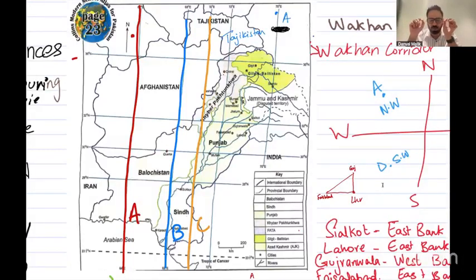Suleiman and Daim, focus on line A. Naim and Sulaiman, I'm waiting for your answer. When line A is passing through Pakistan, from which province is it passing through?